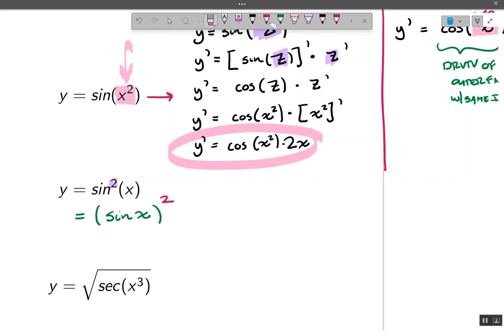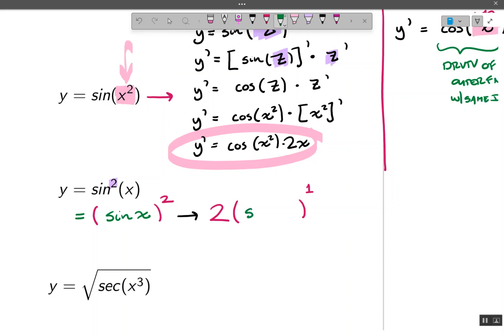The outer function is the squaring function. So that means we're going to take the derivative of the outside function, which is 2 times the inside to the power of 1, right, using the power rule.